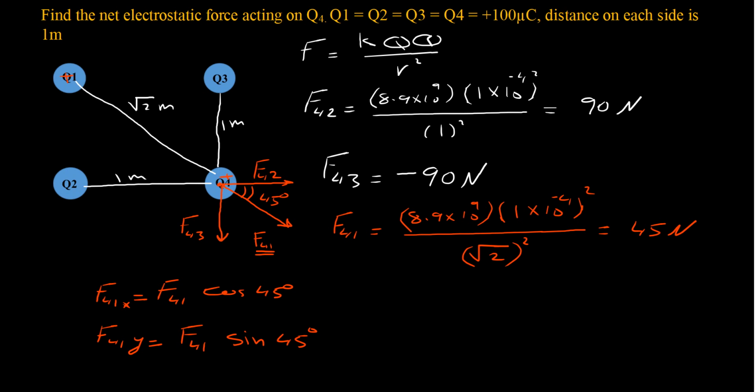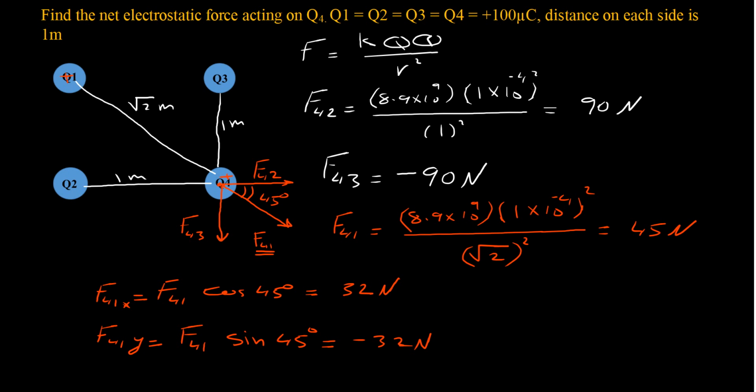It's easy to calculate. That's going to give me 32 Newton. The other one is the same magnitude, the same angle for the sine and the cosine, and that's going to be negative 32 Newton. Again, the negative represents the direction.